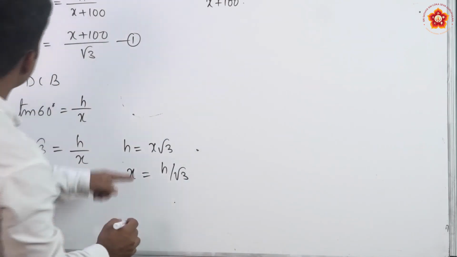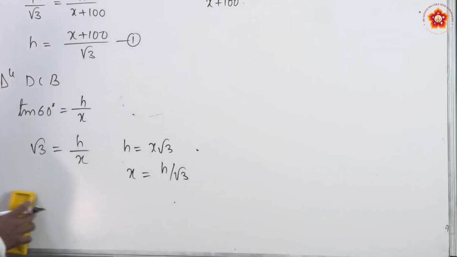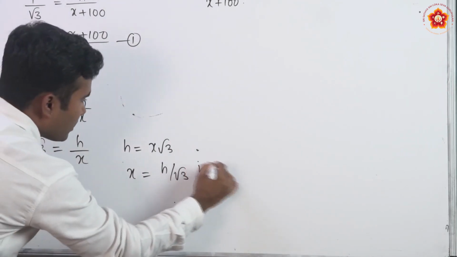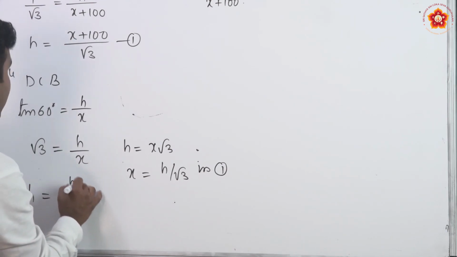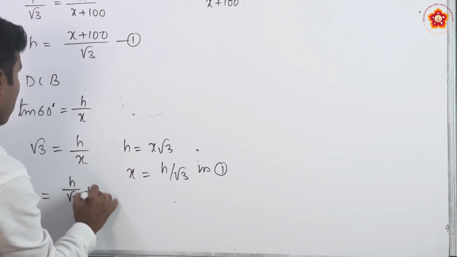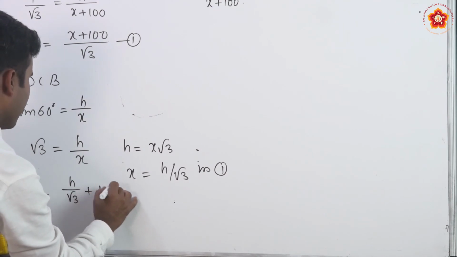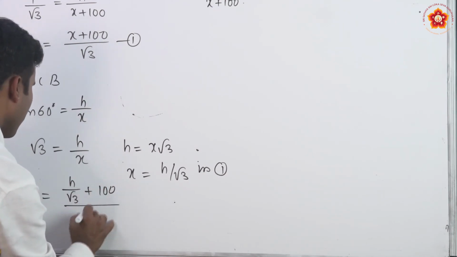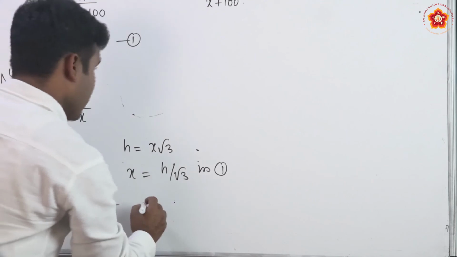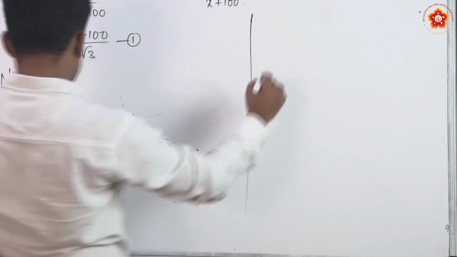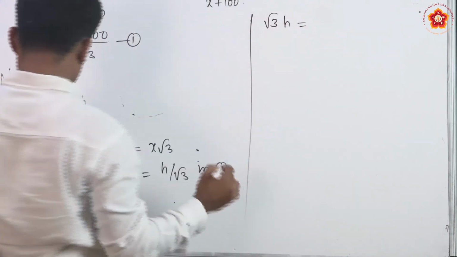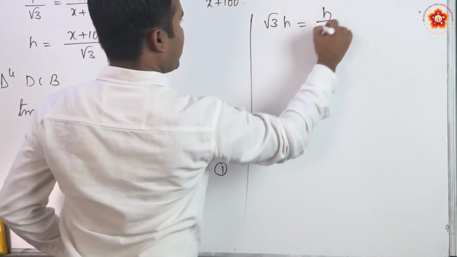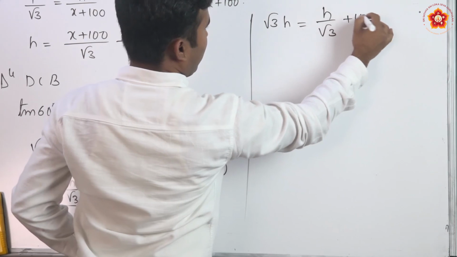Now you can make use of this in equation 1. We get h is equal to h by root 3 plus 100 divided by root 3. Do cross multiplication. So, we will get root 3 h is equal to h by root 3 plus 100.